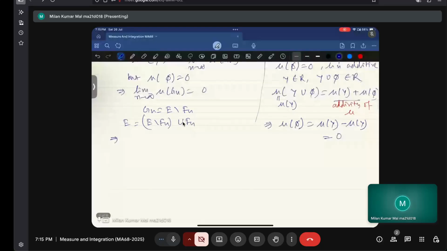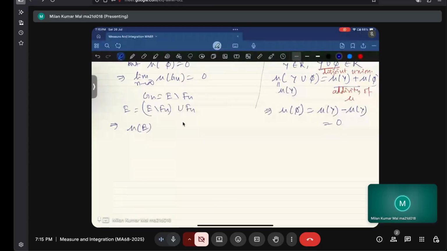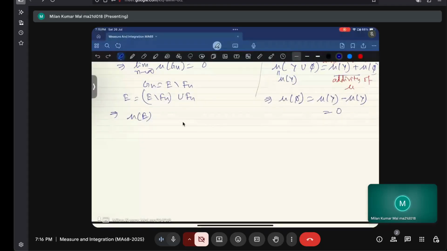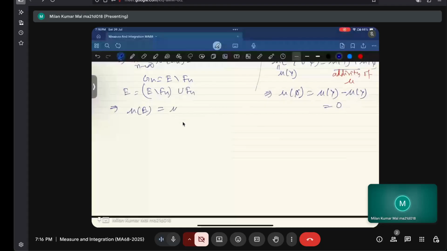This additivity is for the disjoint union only, so we can't use it in all places. When it is a disjoint union, then you can use the direct additivity. So mu of E is equal to mu of E minus Fn, which is actually Gn, plus mu of Fn.